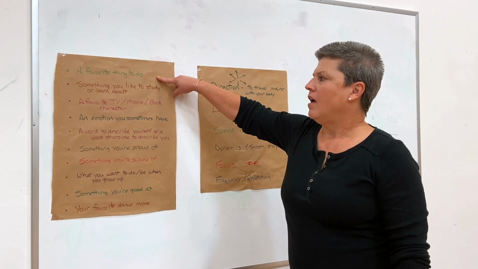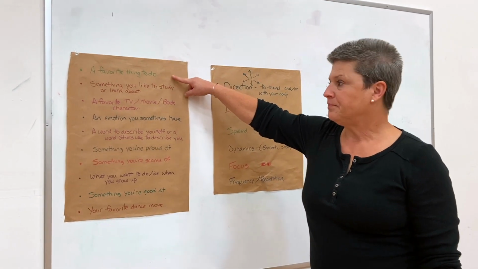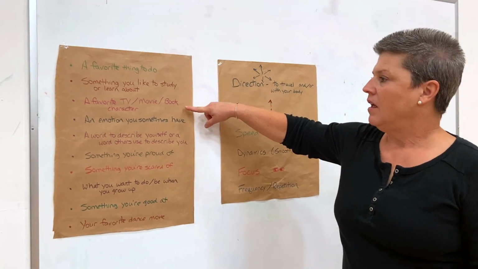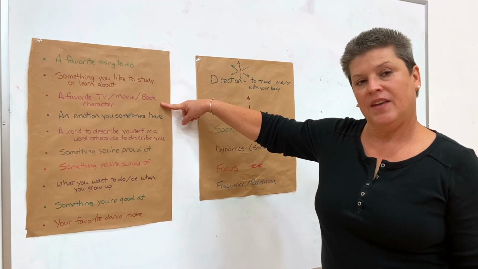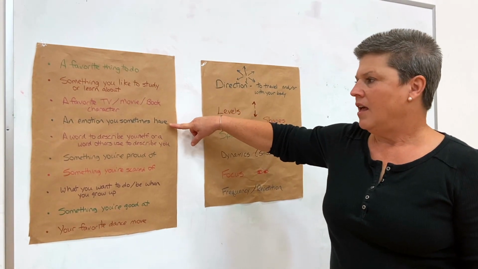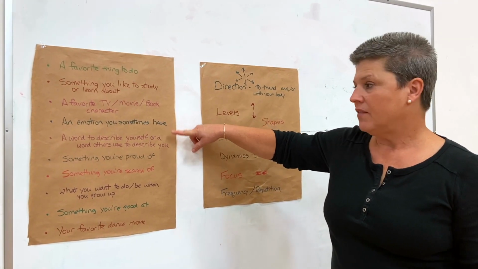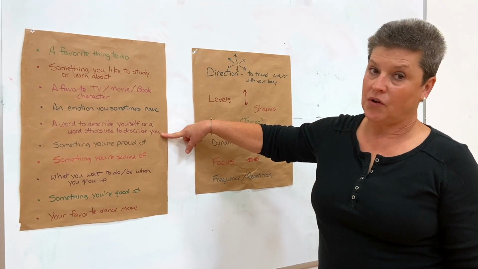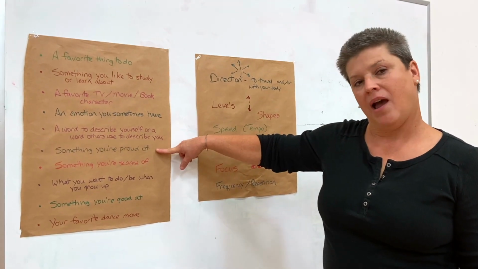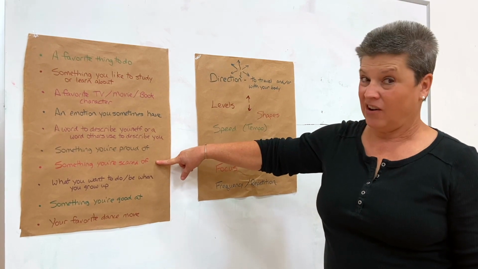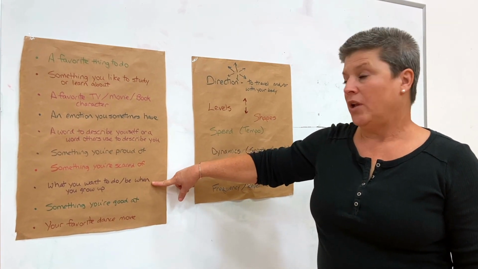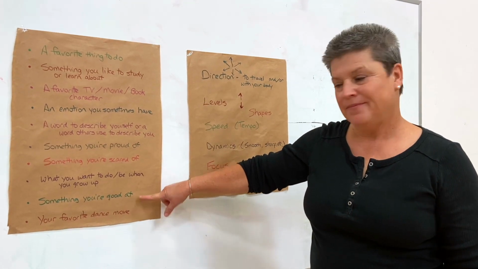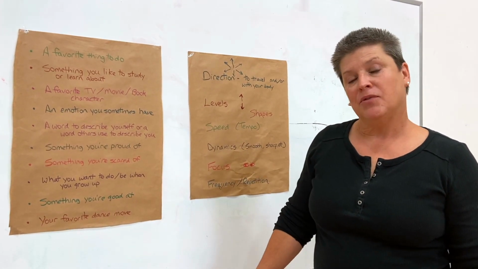You can think about a favorite thing that you like to do, something that you like to study or learn about, a favorite TV or movie or book character, an emotion you sometimes have, a word to describe yourself or a word that other people use to describe you, something you're proud of, something you're scared of, what you want to do or be when you grow up, something you're good at, or maybe just your favorite dance move too.